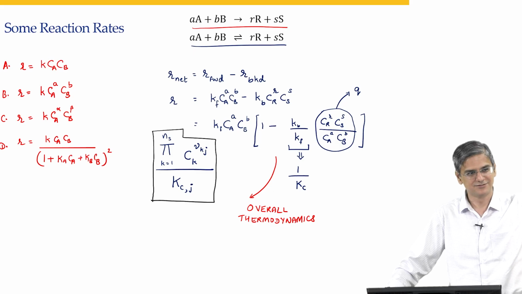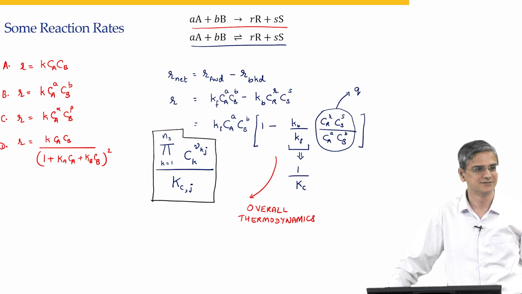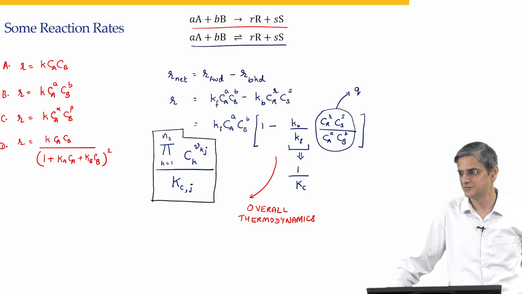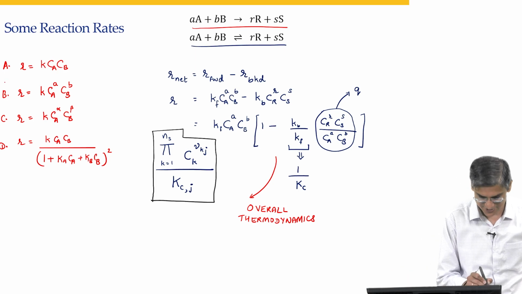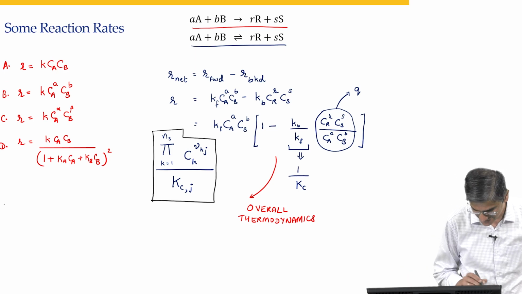No one? B, several. C, no one. D, no one. So, this time we will go with majority. The correct answer is A.